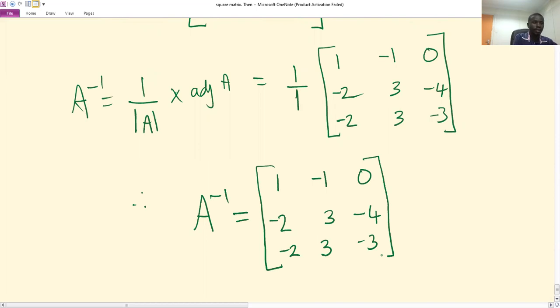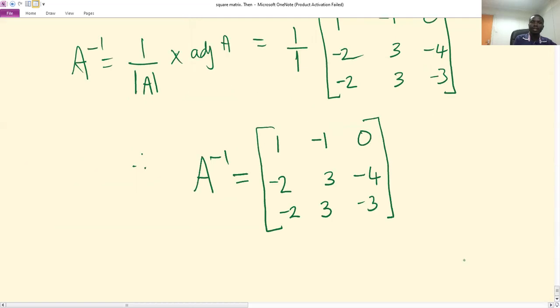So that is the inverse of that given matrix. And you can always confirm that if you take A times A inverse, the same as A inverse times A, it is an identity matrix. Please confirm that. So that is how we find the inverse for this given matrix A. Thank you.